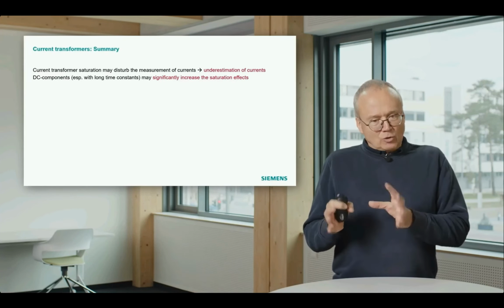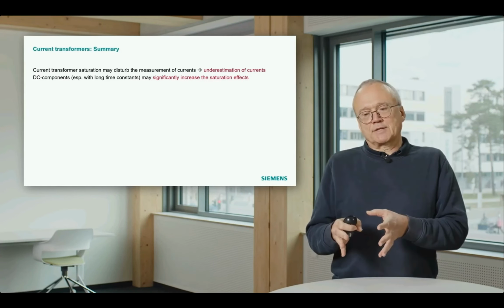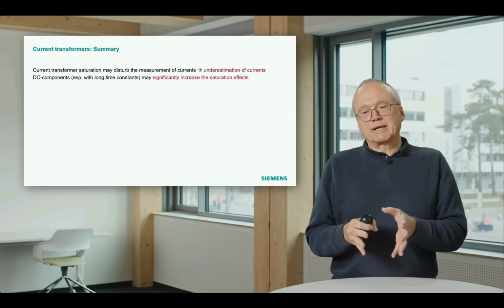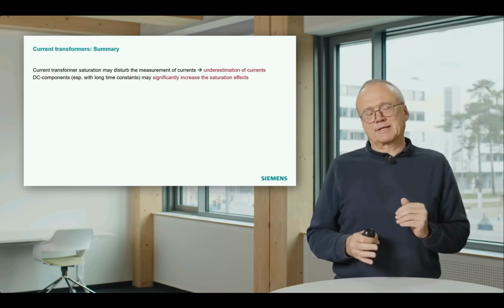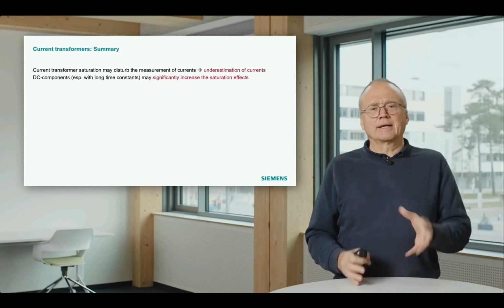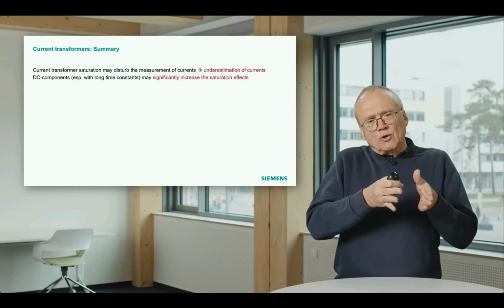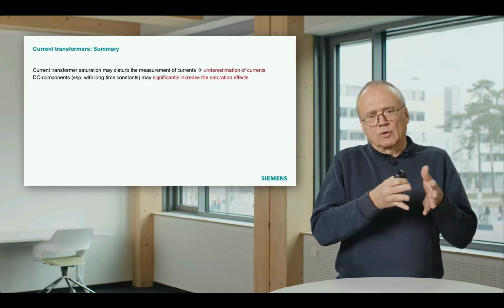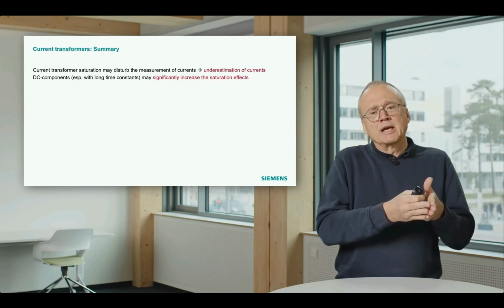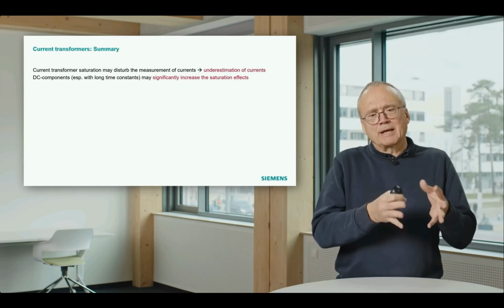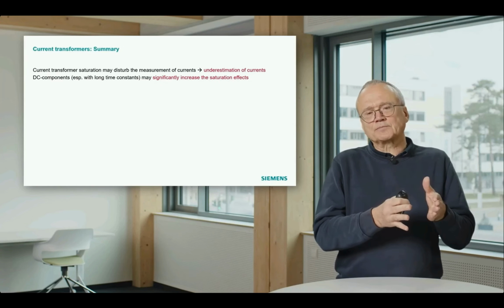Remember when I showed the saturation effects stimulated by DC: in the first 10 milliseconds it looked pretty fine and saturation only began after that. That means just after fault inception you always have a certain time span where there is typically no saturation.